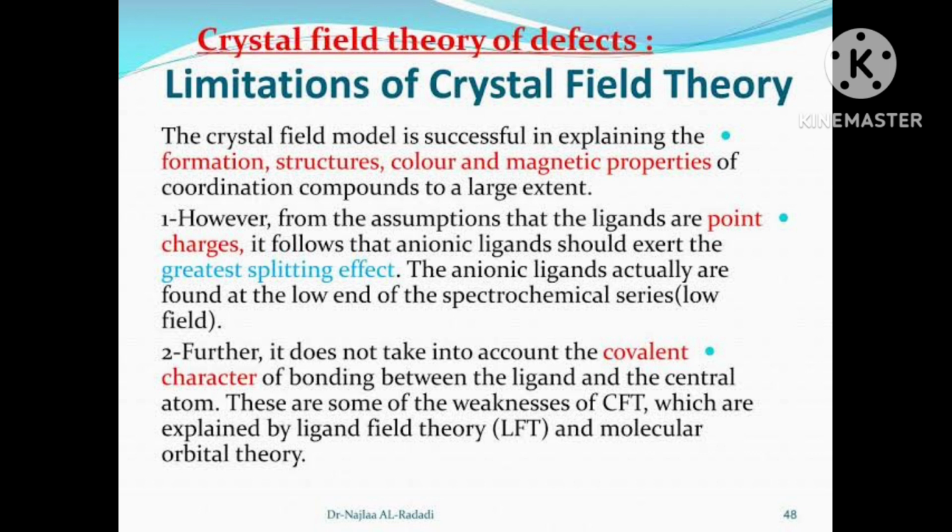According to crystal field theory, they are ionic, because of point charges: the central metal is positively charged and the ligand is negatively charged. But the theory does not consider the covalent character of the bonding. This is the second limitation.